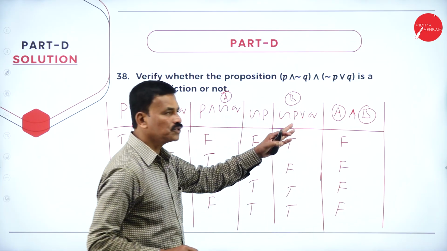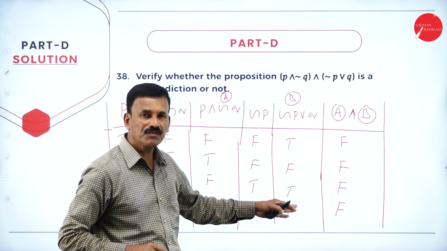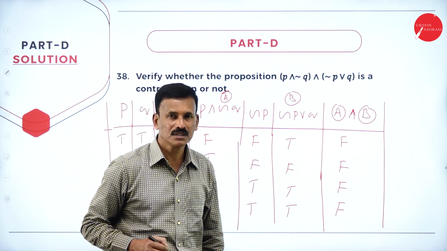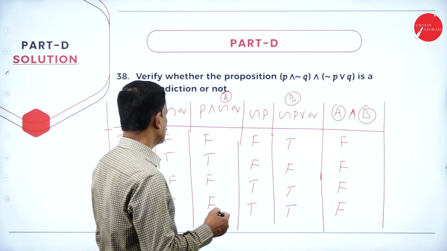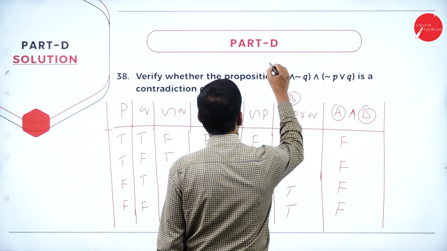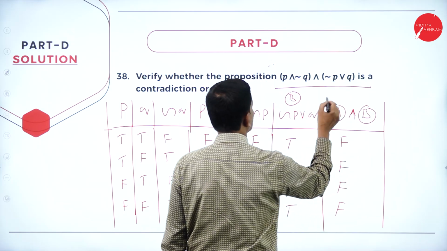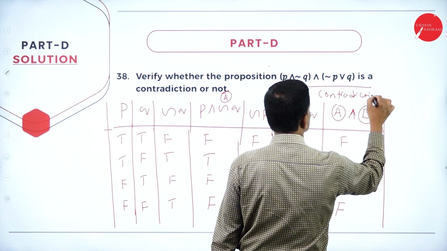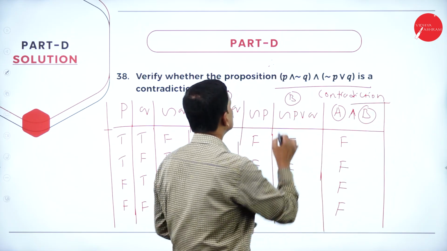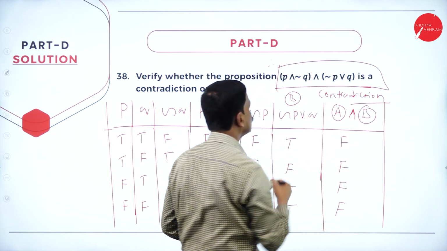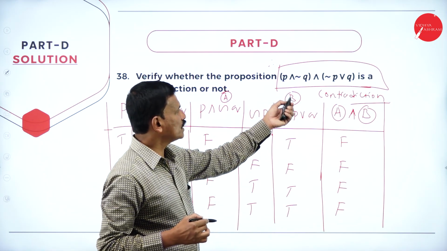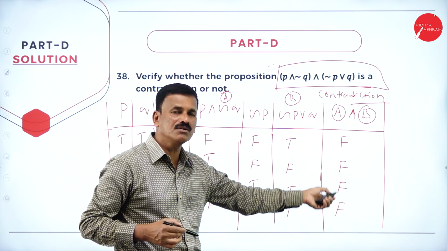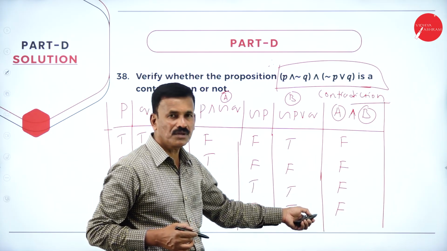So all the truth values in the last column are F, F, F, F. Therefore, this is a contradiction. P conjunction negation Q, conjunction negation P disjunction Q is a contradiction because all the truth values in the last column are F, F, F and F.